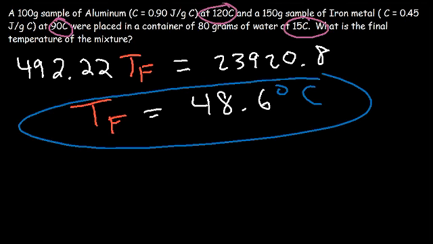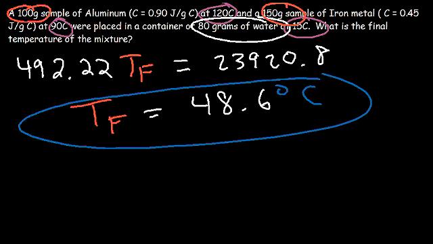And notice that we had less water, like the mass of water was significantly less than the mass of the aluminum metal and the iron metal. So since water has a very high specific heat capacity, it can absorb a lot of heat energy without changing its temperature significantly.